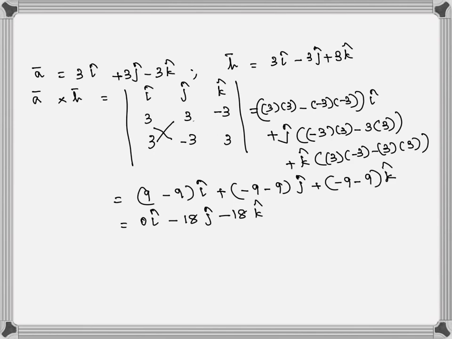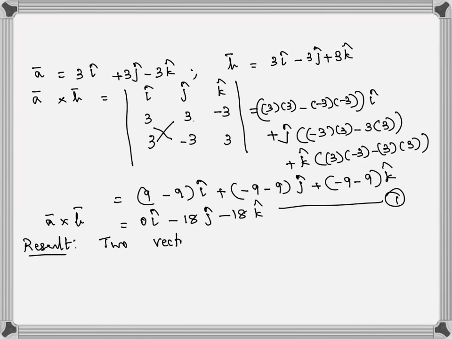Now, in the second part of the problem, we are going to show that A cross B is orthogonal to both A and B. Two vectors are orthogonal if their dot product is 0.